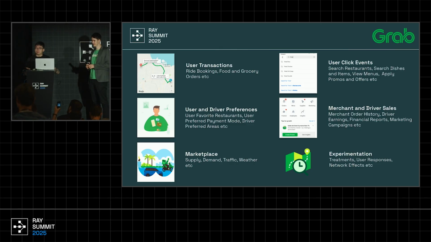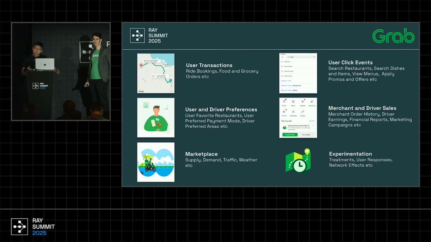First of all, we have user transaction data, which cover all transactions across all of our verticals. This gives us a comprehensive picture of our users' purchasing patterns. Then we also have user click event data that summarize how users interact with our app, which helps us make our app more intuitive and provide a more customized user experience.